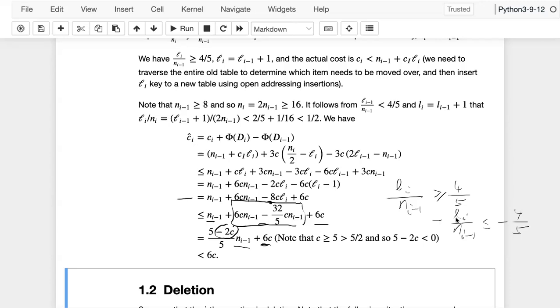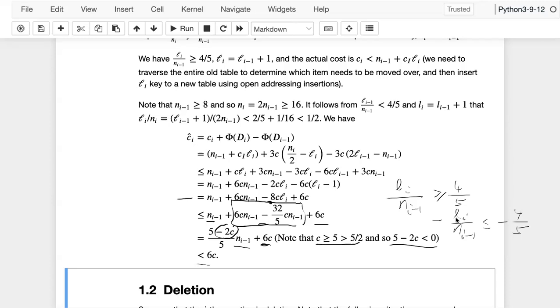And then C is greater than or equal to 5, and obviously greater than 5 over 2. So which means then 5 minus 2C is strictly less than 0. So the whole thing then is less than 6C.